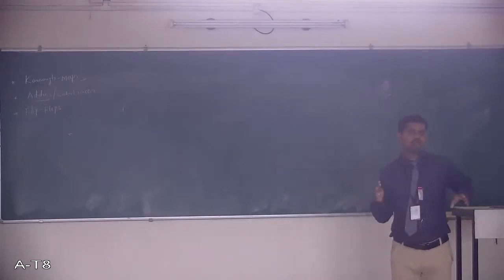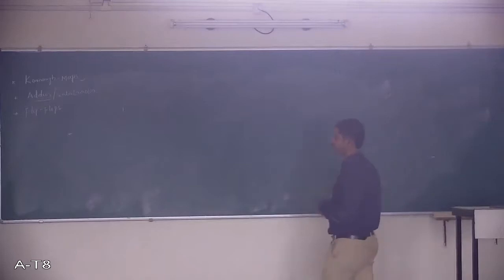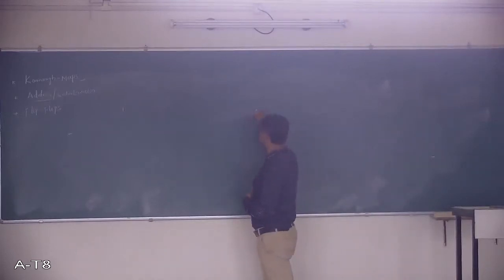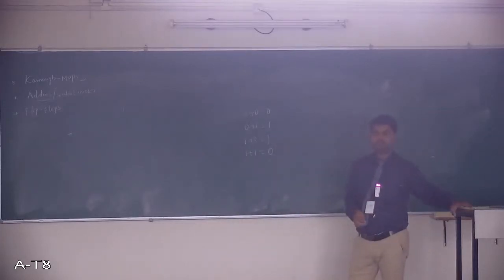Since everything is to be done with respect to ones and zeros, you should perform certain operations on that data. So adder is one such device where it can add the bits. And the addition will always be like this: 0 plus 0 is 0, 0 plus 1 is sum 1, 1 plus 0 is sum 1, 1 plus 1 is sum 0, but carry is 1.